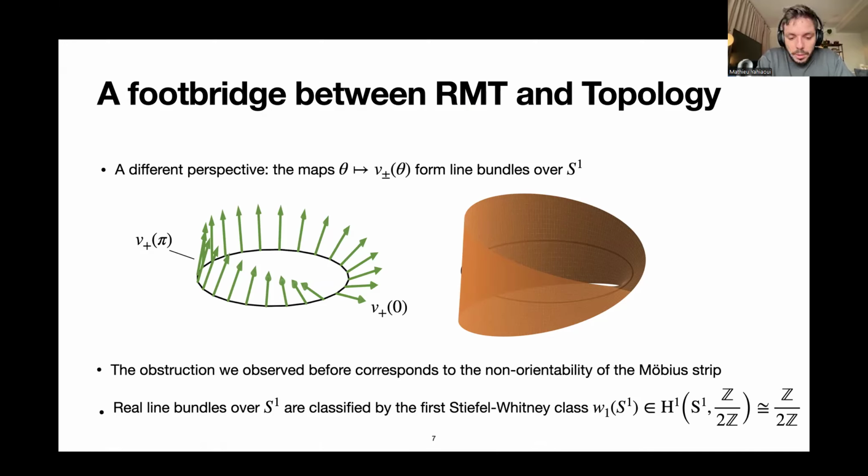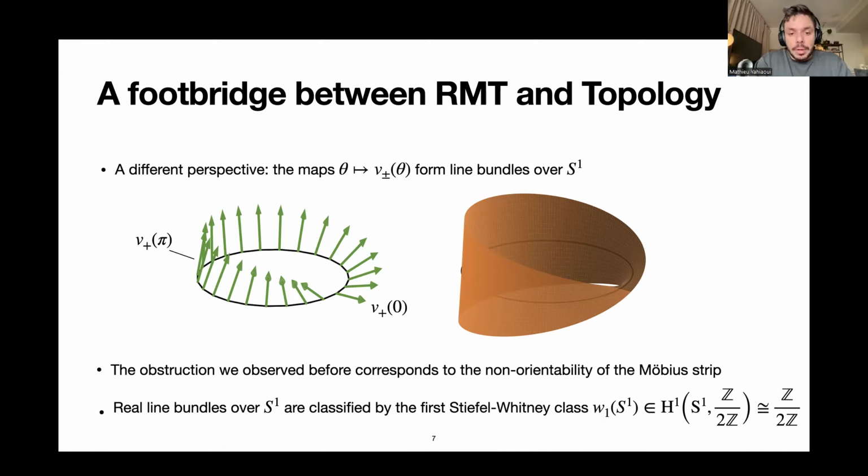This is really a good way to pinpoint the sort of obstruction that happens at the level of eigenvectors, because the collection of eigenvectors forms some sort of section of a line bundle over your base manifold, which in that case is S1.